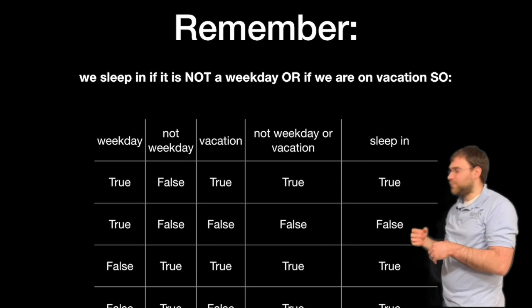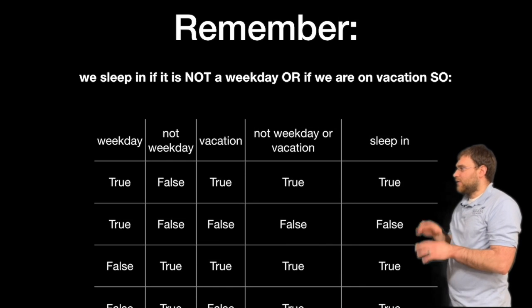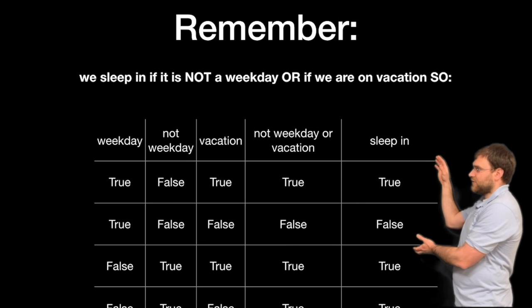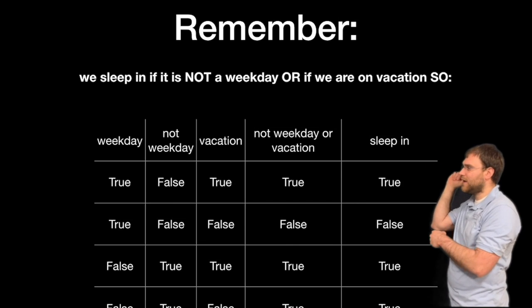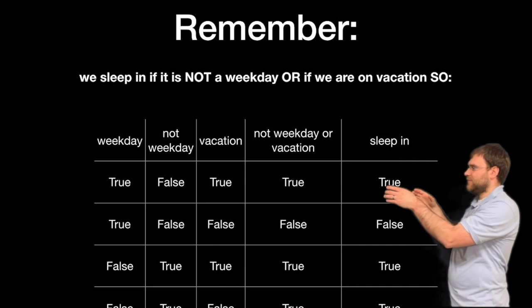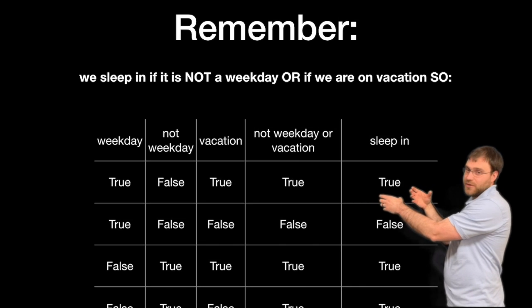And we purposely put them in different order than the weekday ones, so we could get all the different combinations. And then if we look at the final column before sleep in, it's not weekday or vacation, and not weekday, we just take that column, and vacation, we take that column and we check them with an or.